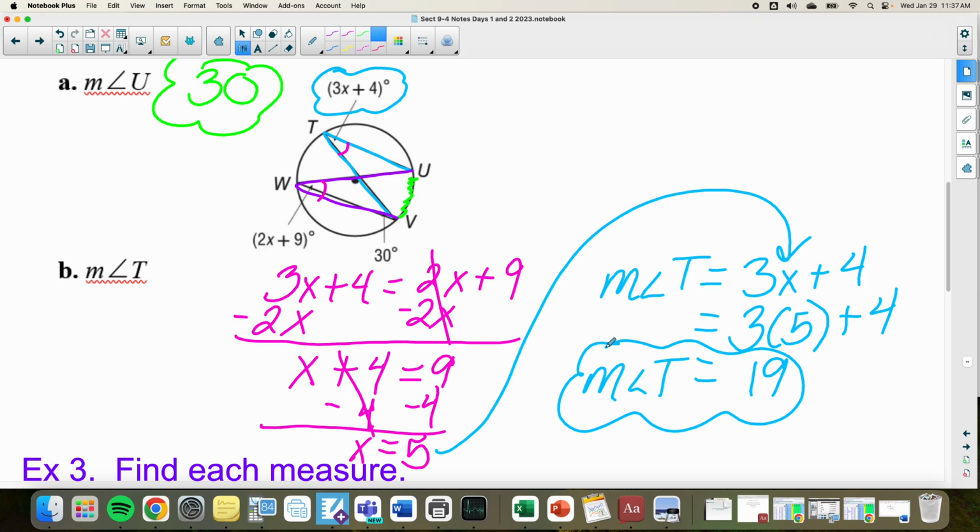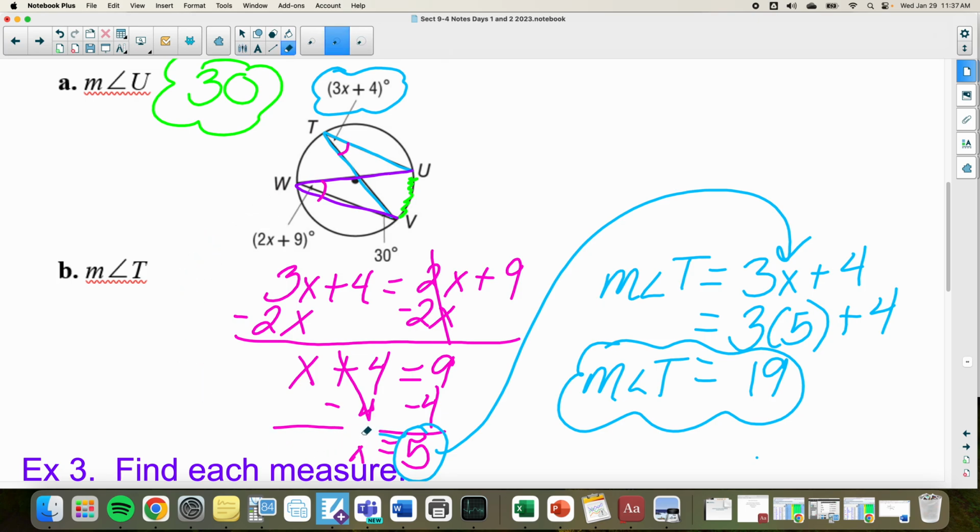No, once you put in 5 for X, put 5 in X in W. Yeah, thank you. Why was I not seeing that? Yes, I put in the angle versus the X, sorry. Yes, if you would have put in X there, that would have told you if you did it correctly or not, because they both should be 19, okay?